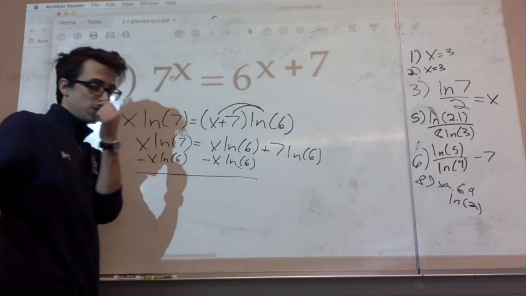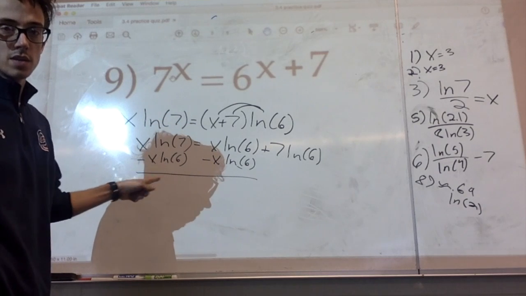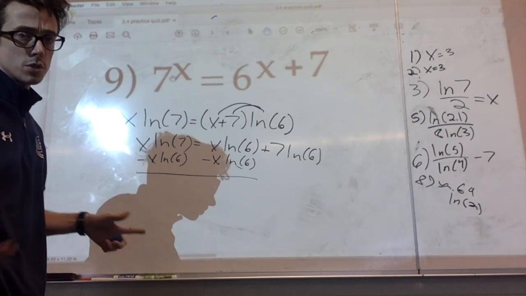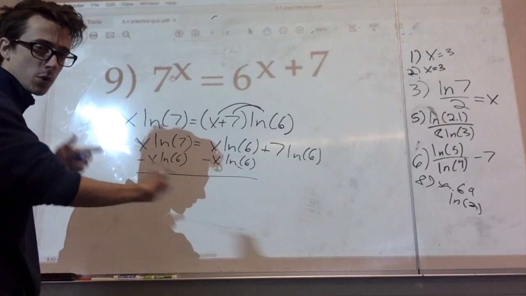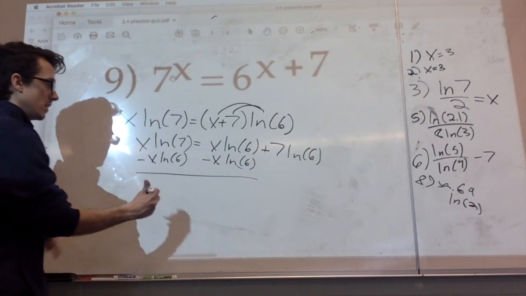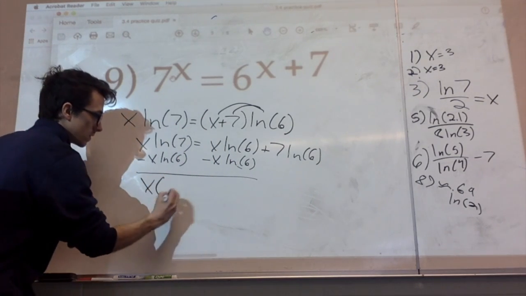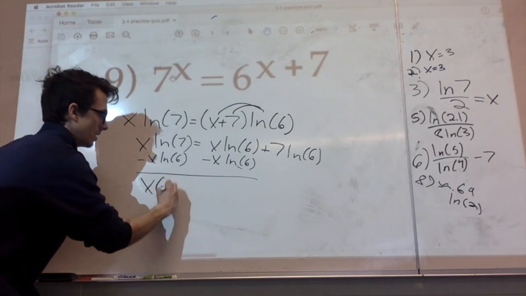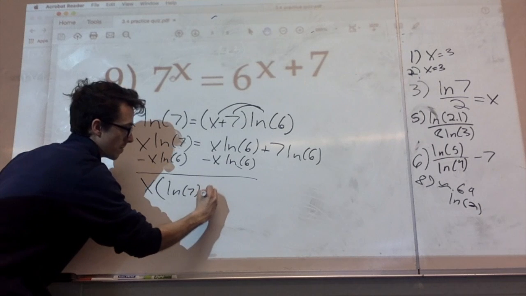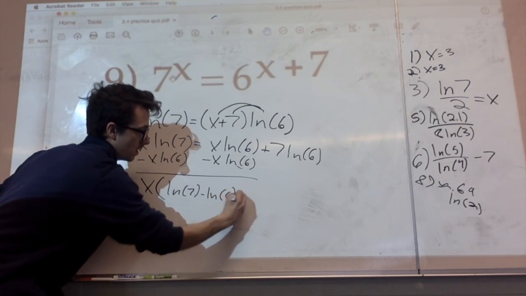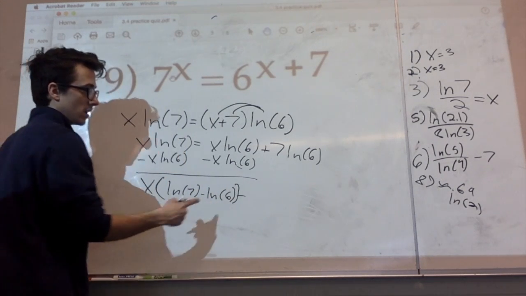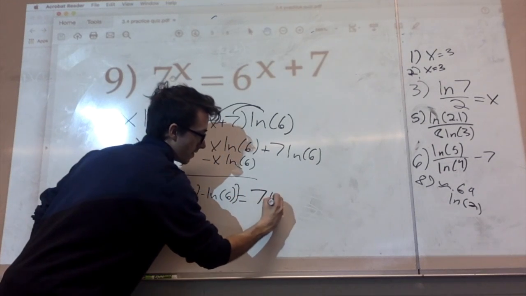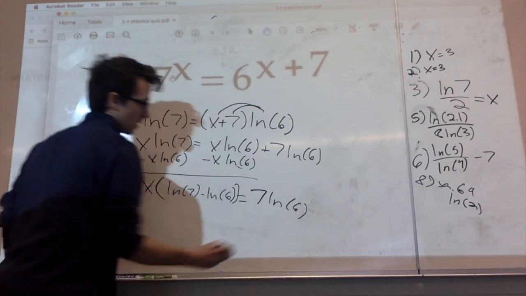You may think that you're smart and you just want to rewrite this as natural log of 1, but don't do that. Rewrite the whole thing. Don't get lazy. Write the whole thing. So we're writing x. I'm already going to factor out x because these both have x, so we need to isolate that. So natural log of 7 minus natural log of 6 equals 7 natural log of 6.